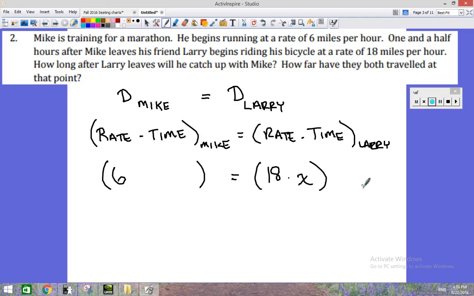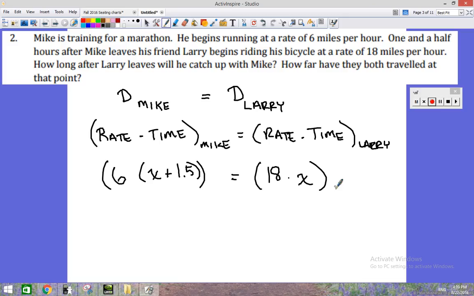He's been running longer than Larry has been riding, because he took off an hour and a half ahead. So I know that I can say X plus, oops, that's multiplication, that it's X plus an hour and a half, 1.5 hours.